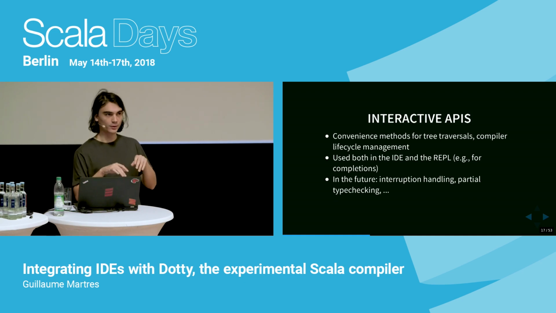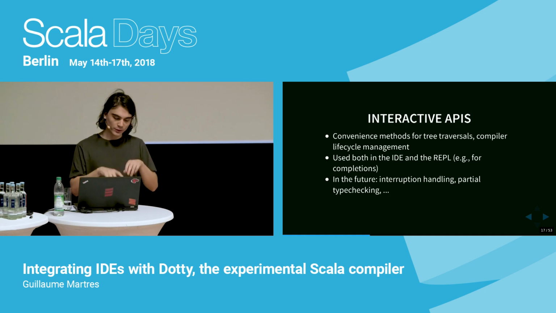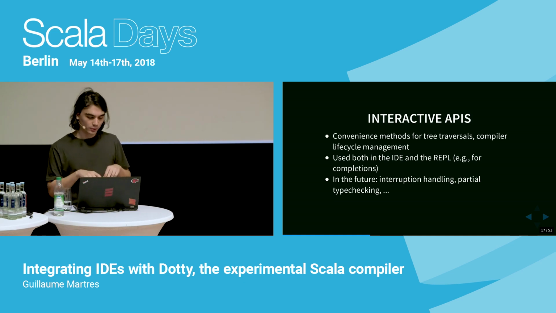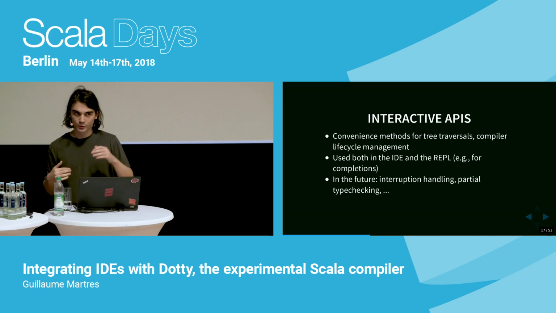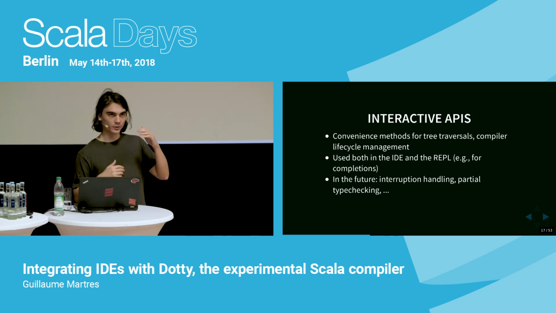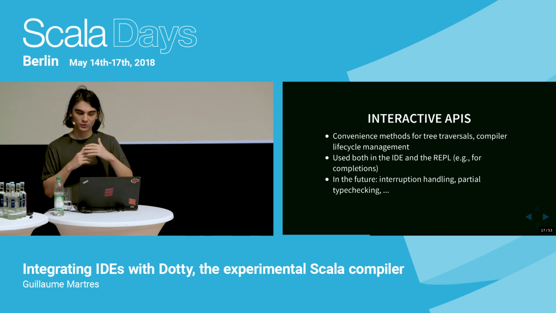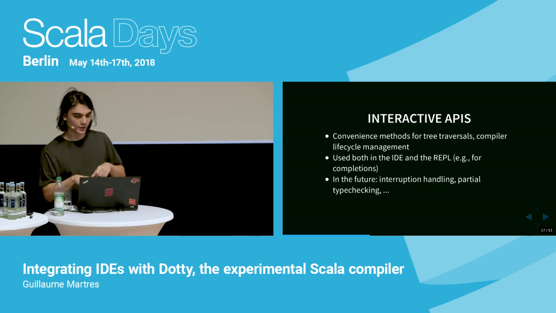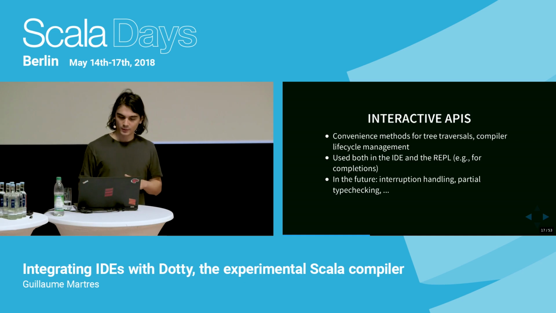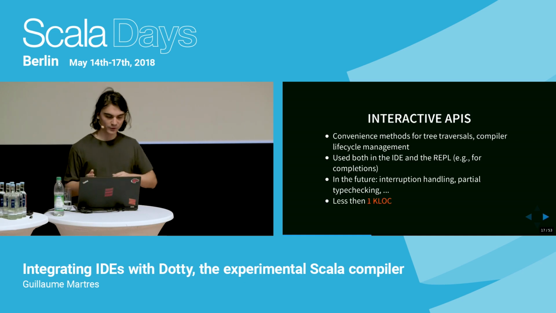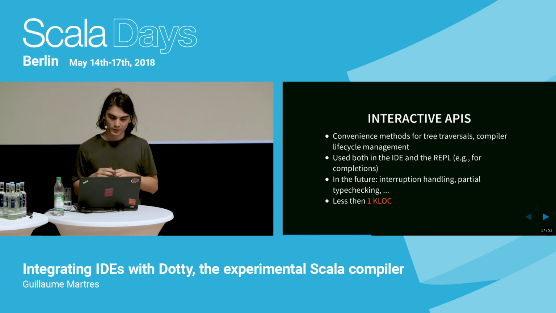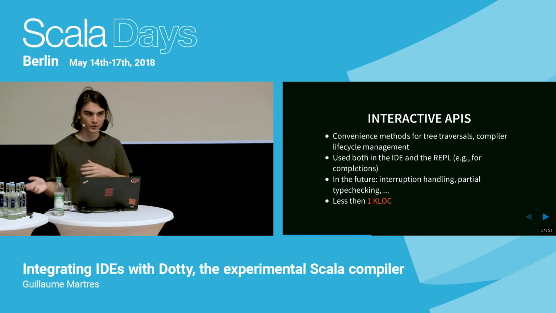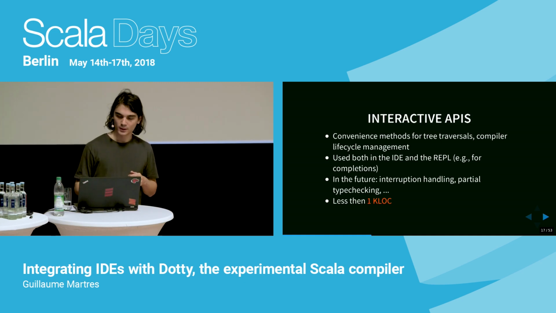Because when you're in your IDE, basically every time you press a keystroke, we currently type check the whole file, but we could do things in a better way and only type check the section of the file that changed. And we could stop the type checking as soon as you decide to add another keystroke. And the interesting thing about all of this is that it's less than 1,000 lines of code. So it's pretty easy to maintain compared to a full-blown implementation of the type checker.